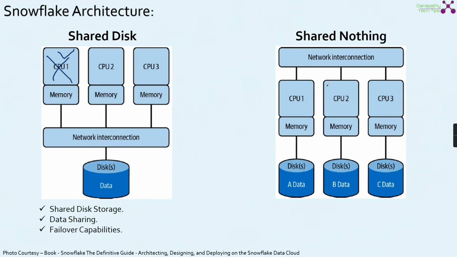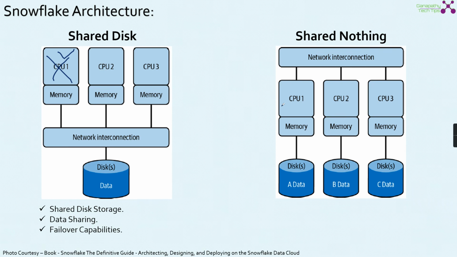The other form of architecture is the shared nothing architecture. This is predominantly used, if you are aware of the MPP engines, massively parallel processing engines like Teradata, Netezza or anything, they predominantly make use of the shared nothing architecture, where you can see distinctly there is a typical storage medium which is attached to each and every server.